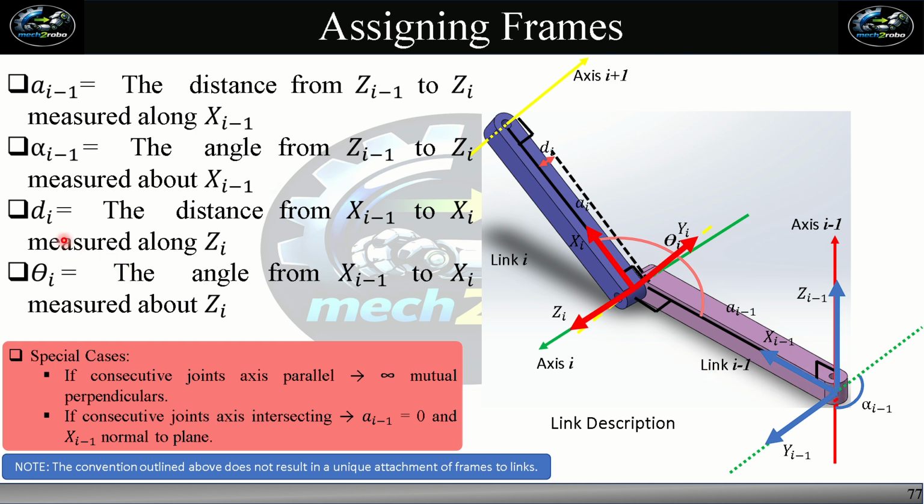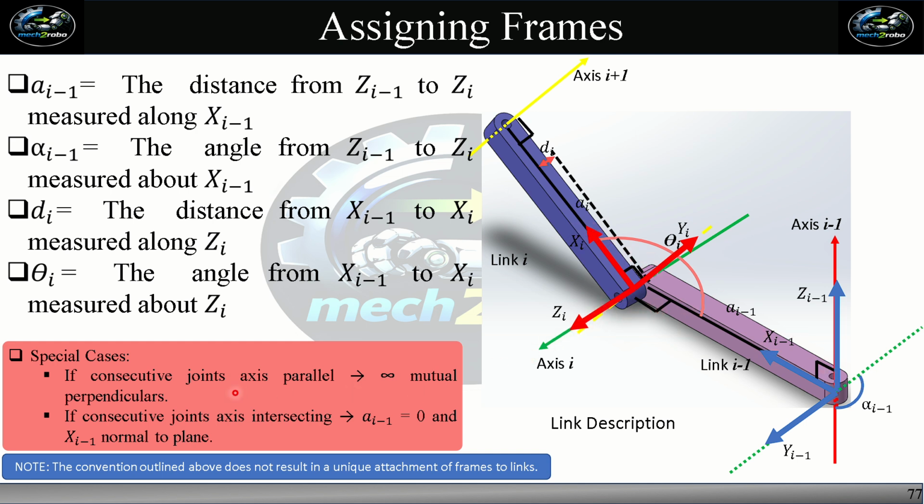The link offset d i is the distance from x i minus 1 to x i measured along the axis z i. And the joint angle theta i is the angle between x i minus 1 and x i measured about the axis z i.